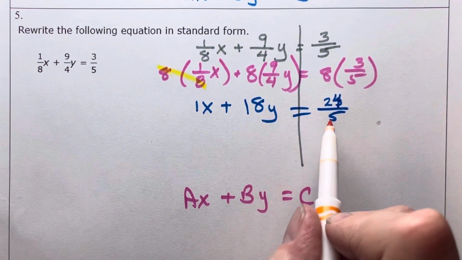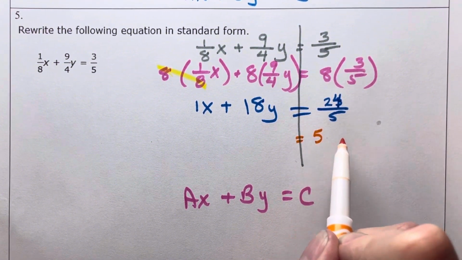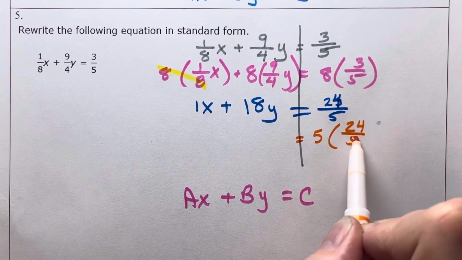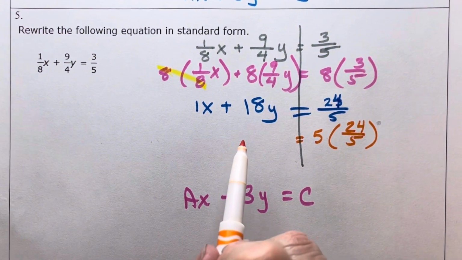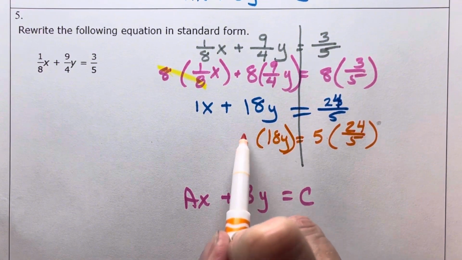So that's what we're going to do. We're going to get rid of this last 5 by multiplying this last denominator. I'm going to multiply everything by 5.